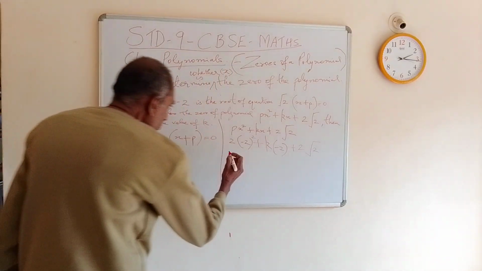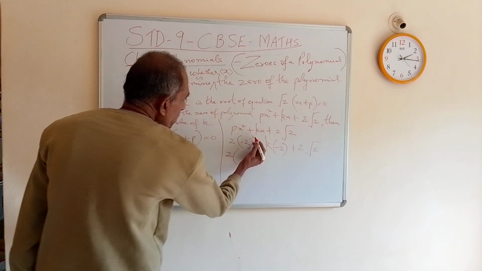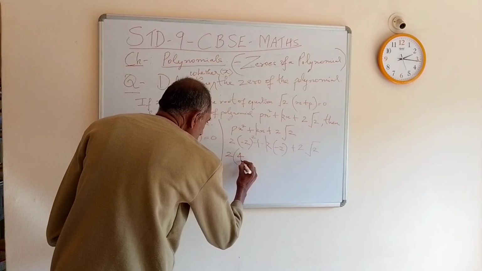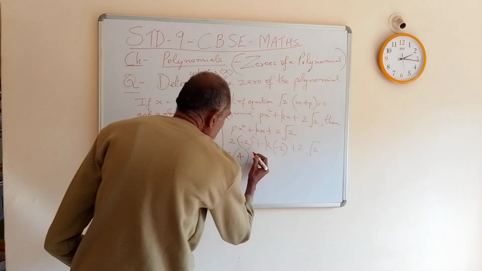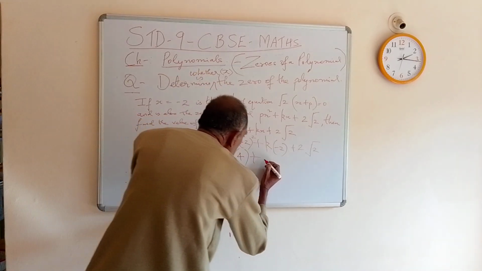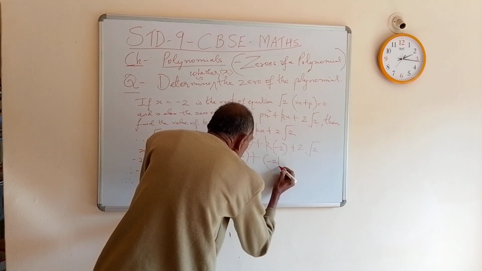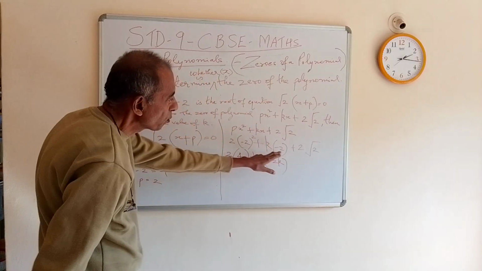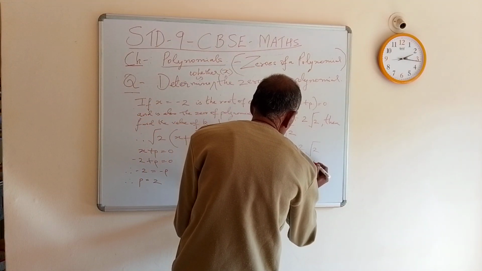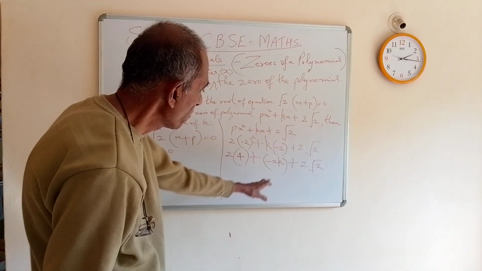So therefore 2 into minus 2 whole square. Minus 2 into minus 2 will give us 4. This becomes 4 plus k into minus 2 will be minus 2k, plus 2 root 2. Okay, we have to find the value of k.